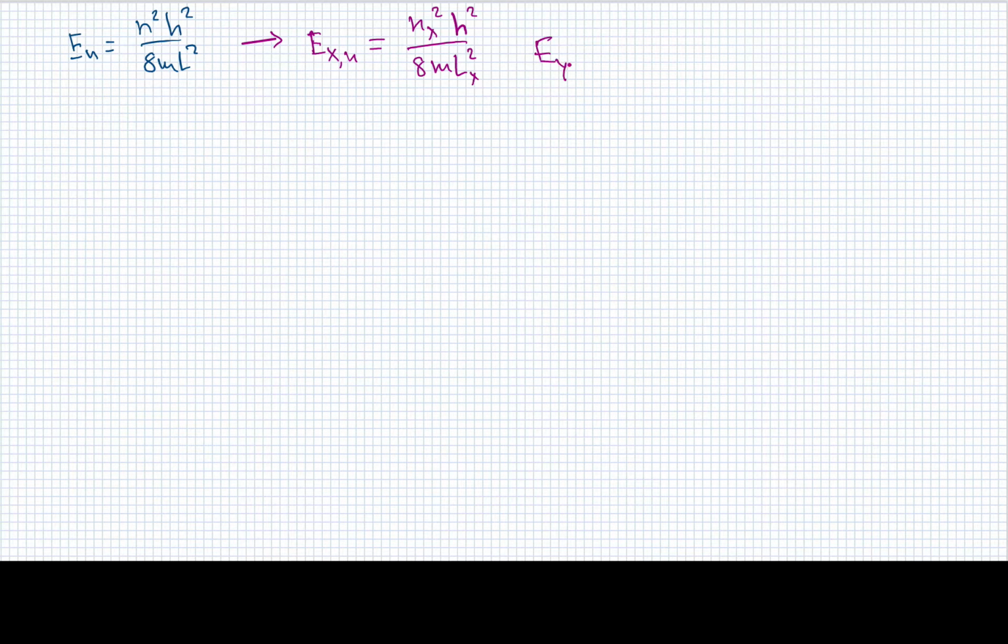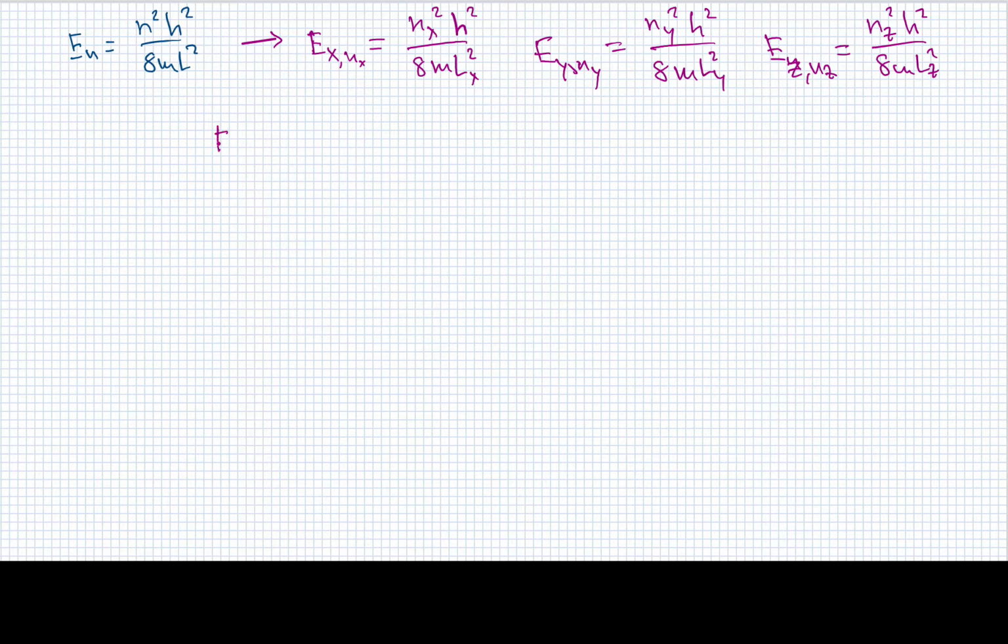E sub y, n sub y, is equal to n sub y squared h squared over 8m L sub y squared. And E sub z, n sub z, would be n sub z squared h squared over 8m L sub z squared.